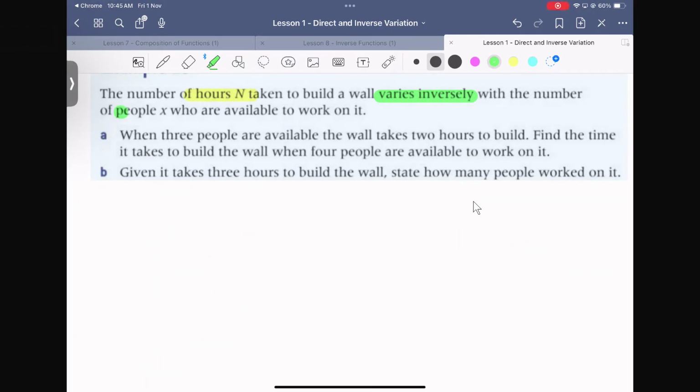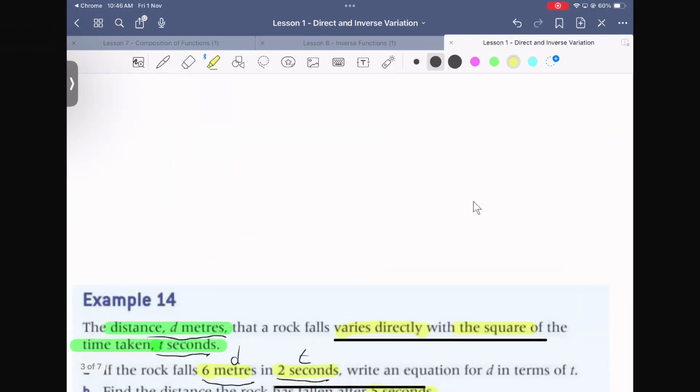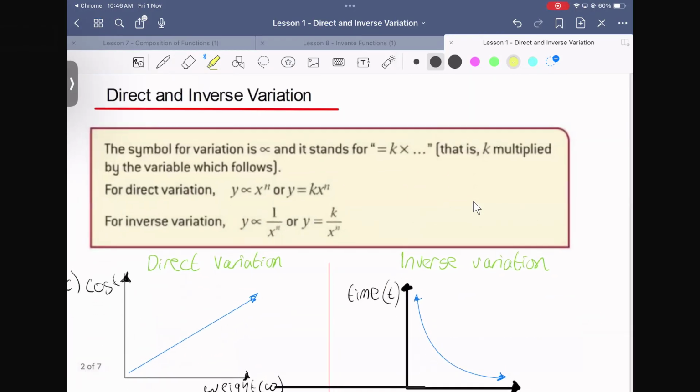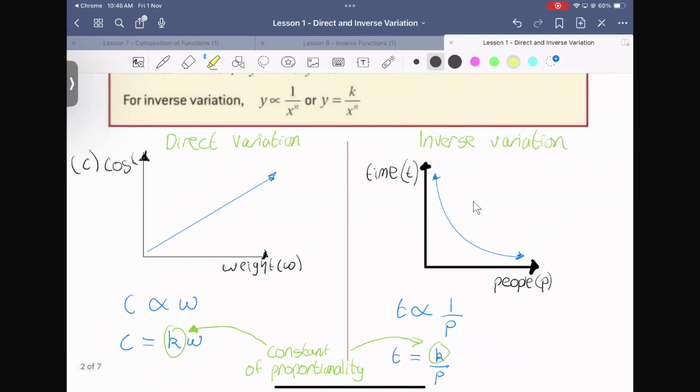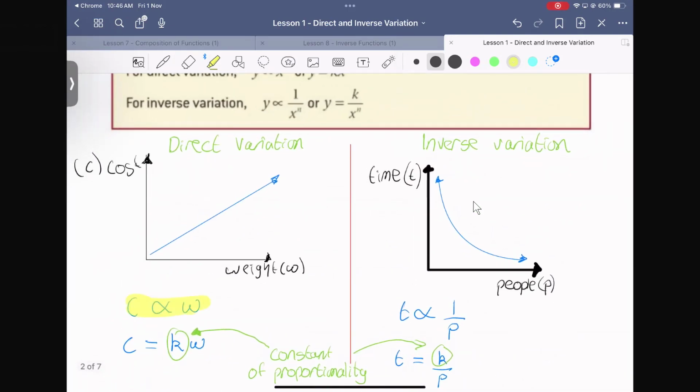So this is our second variable. Have a go at writing down a proportionality statement using one of these models here. Which one is it?